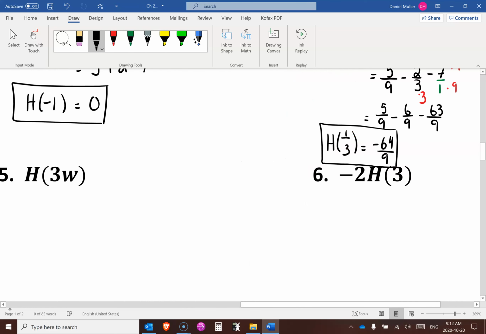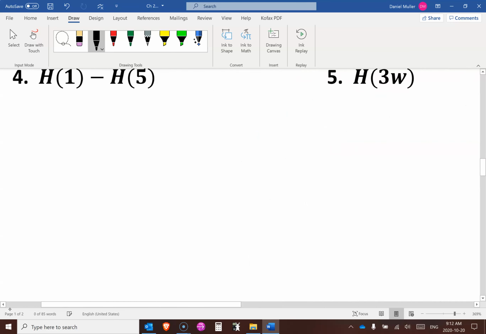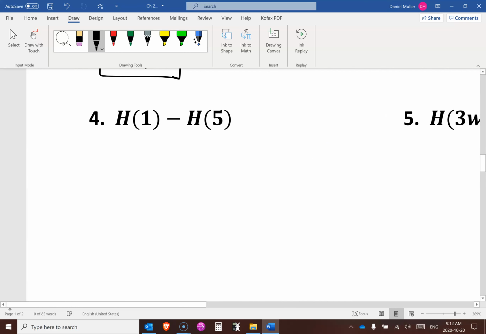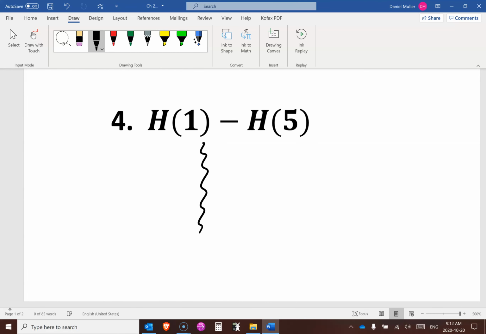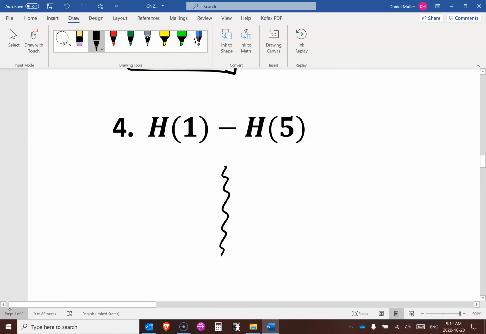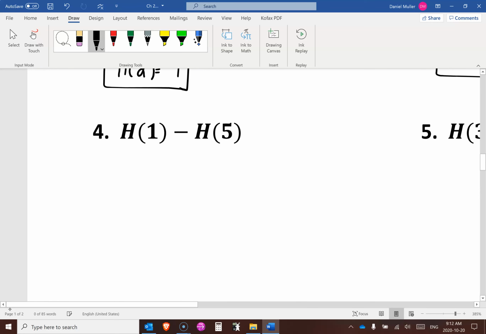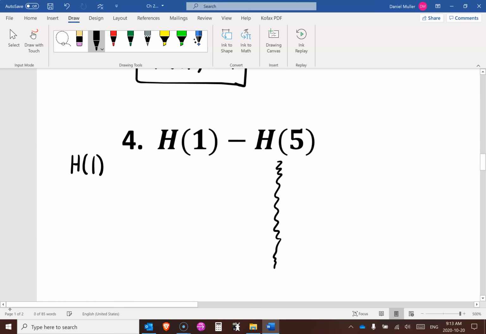Okay, let's take a look here. What else do we have? h of 1 minus h of 5. Okay, so this is one of those double ones. So I have to do h of 1. I want to make sure I can give myself enough room for this. So h of 1, which is actually going to be really easy to do. Inputting 1 is not bad at all.